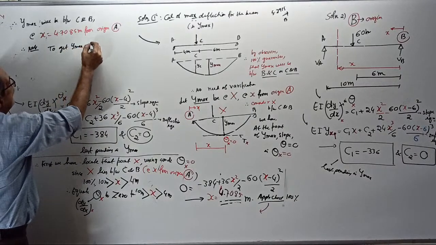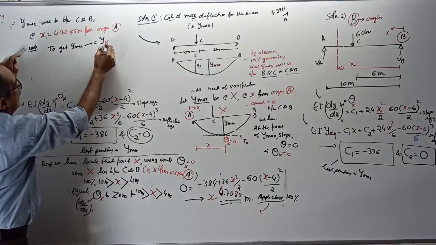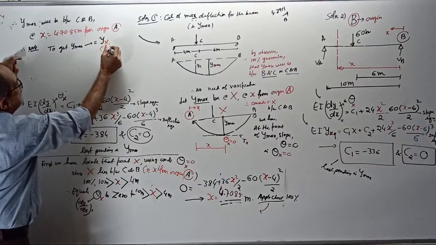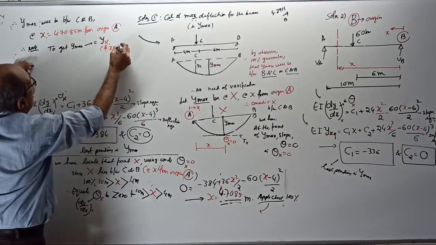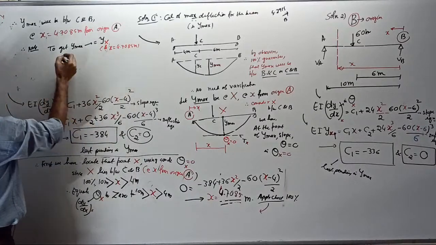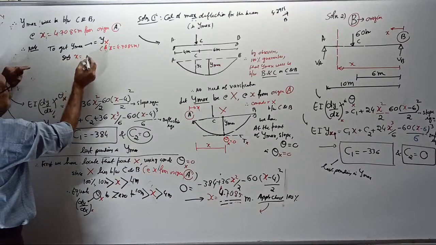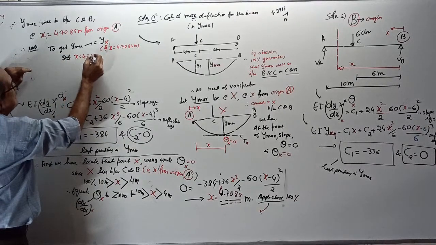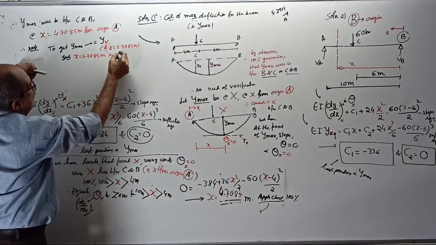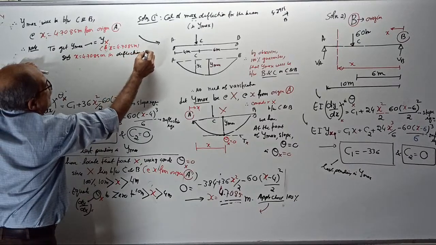To get Y maximum, that is equal to Y at X, for X equal to 4.7085 meter. Substitute X equal to 4.7085 meter in the deflection equation.